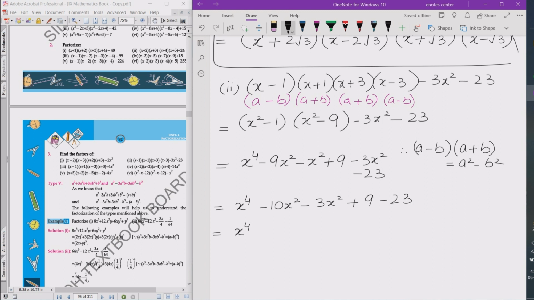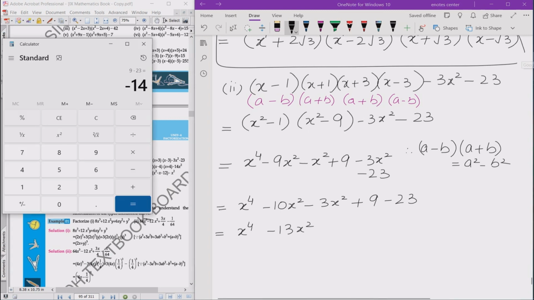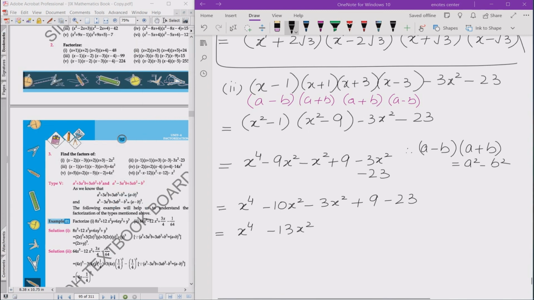So x4, this one is minus 13x square, and if we do 9 minus 23, the answer is minus 14 here, right? Now we will make a factor of it. 14 times 1 is 14. Now we have a minus sign here and a plus sign here, so these are the factors of this term, like 14x square plus x square minus 14.